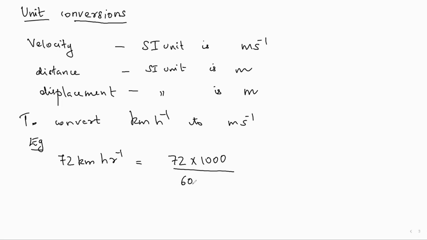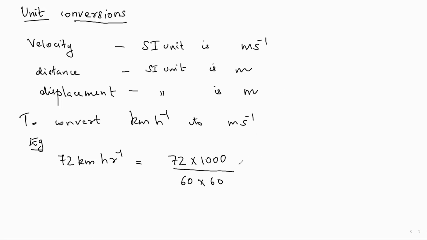Dividing by 60 converts it to minutes, and again one more 60, now it is in seconds. So this 1000 divided by 60 into 60 is a common factor that you have to use for converting any value in kilometer per hour to meter per second.